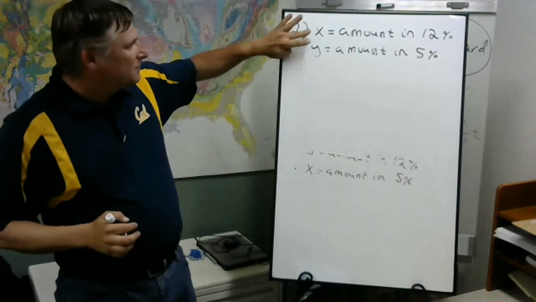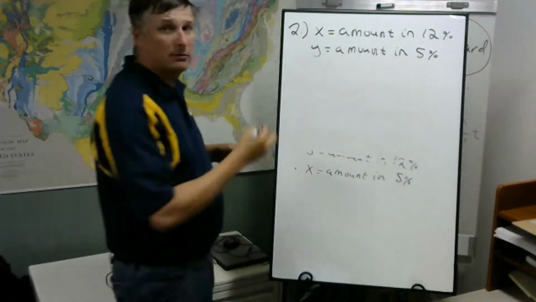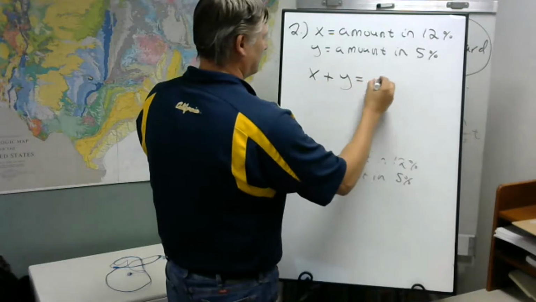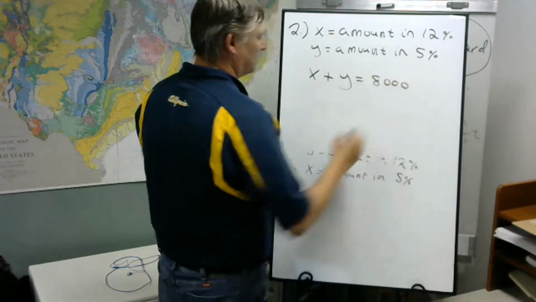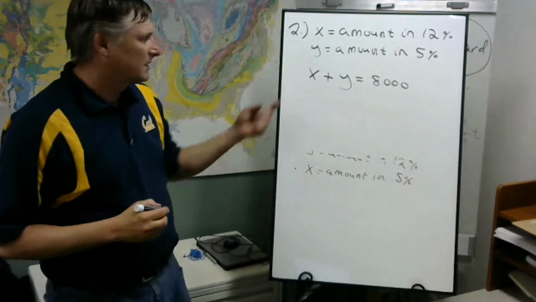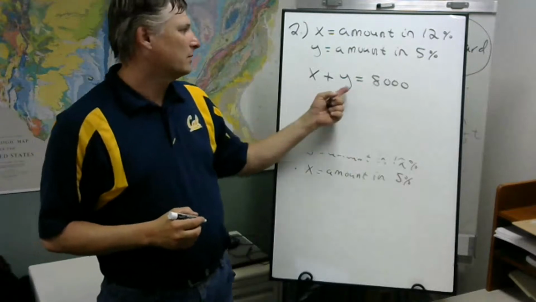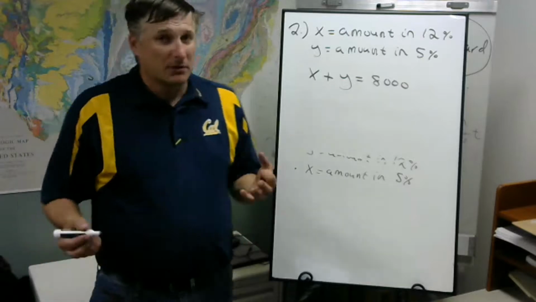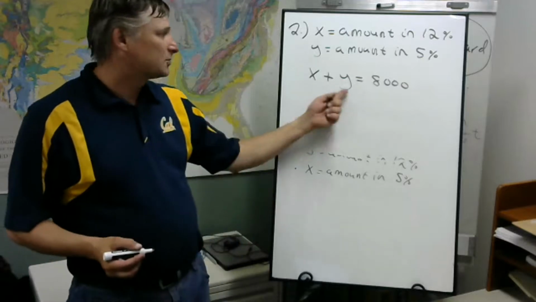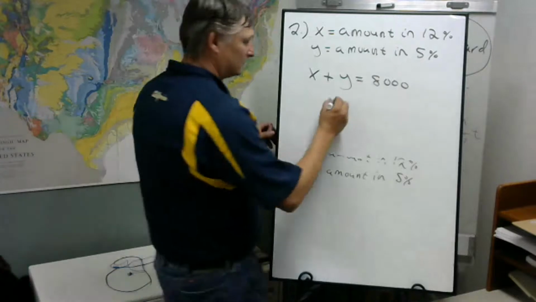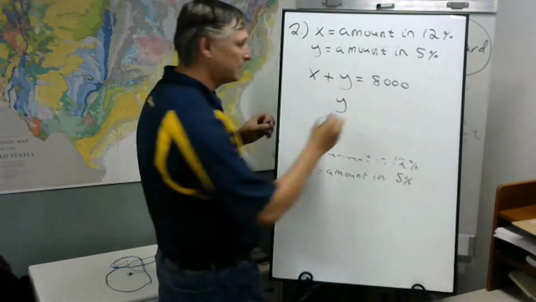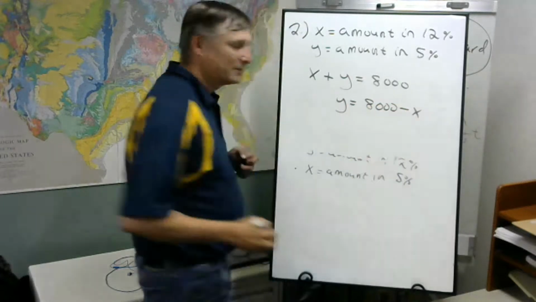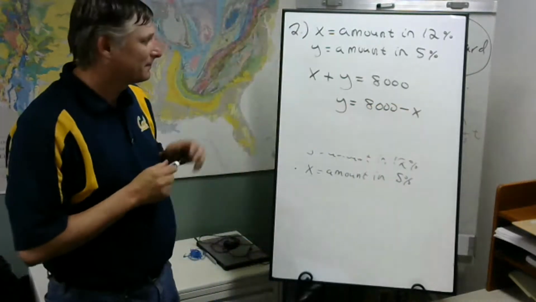Now, because these two add up to 8,000, we can say this: the amount in the 5% plus the amount in the 12% is 8,000. Now, we can do ourselves a favor. Let's solve for Y. Subtract X on both sides. Y is 8,000 minus X.